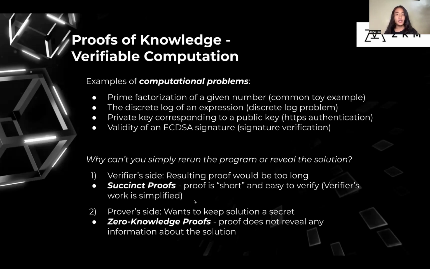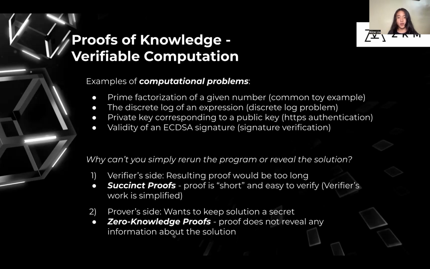And another reason is that the prover may want to just keep the solution a secret. The privacy component over here is known as zero knowledge, or ZK. And for ZK-specific proofs, the proof does not reveal any additional information about that solution.